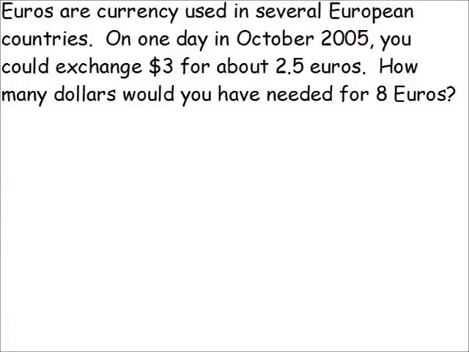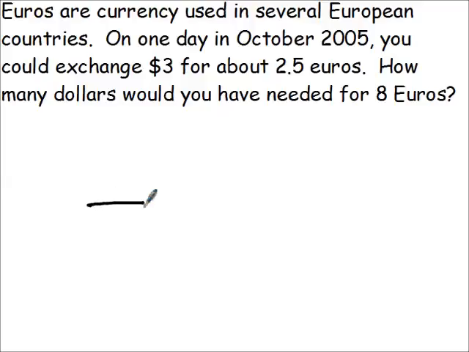Here's another example. Euros are a currency used in several European countries. On one day in October 2005, you could exchange $3 for about 2.5 euros. How many dollars would you have needed for 8 euros? We'll start out with a ratio.